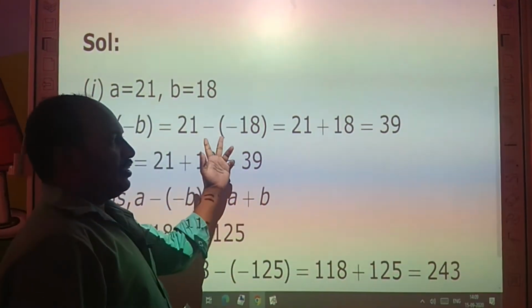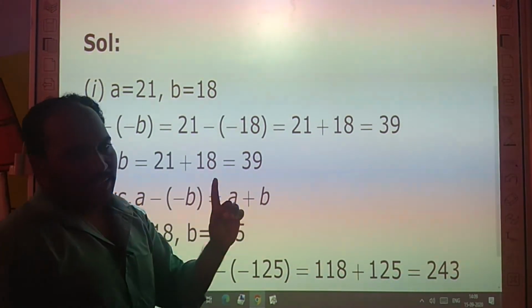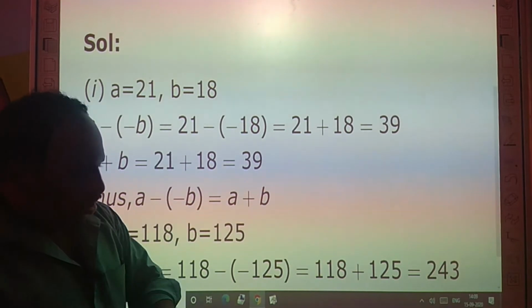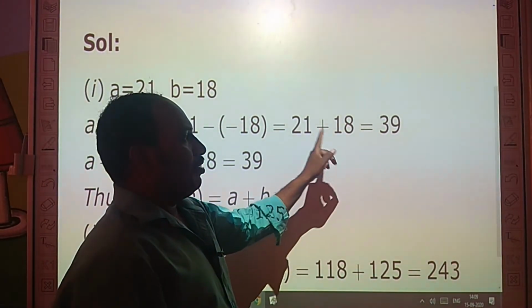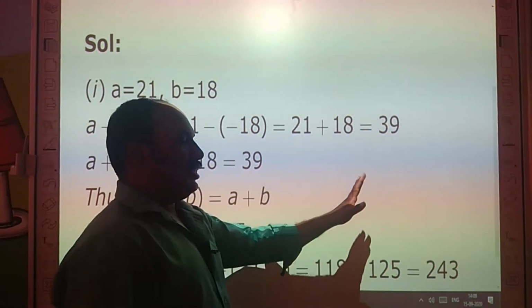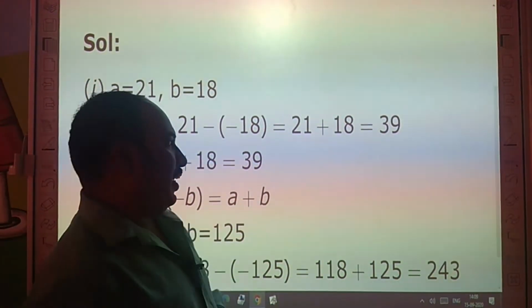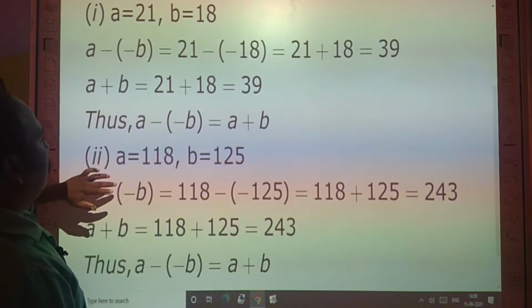Minus into minus is equal to plus. So 21 plus 18 is equal to 39.